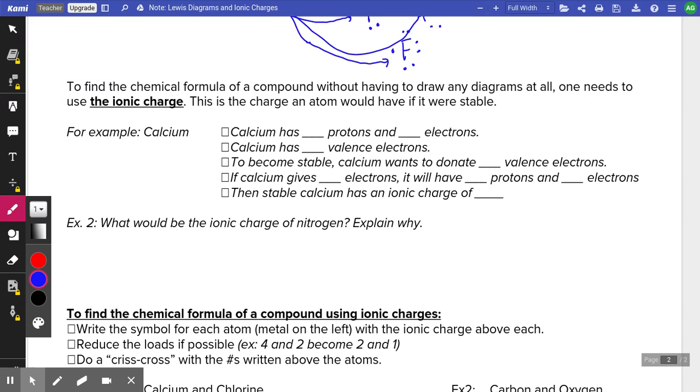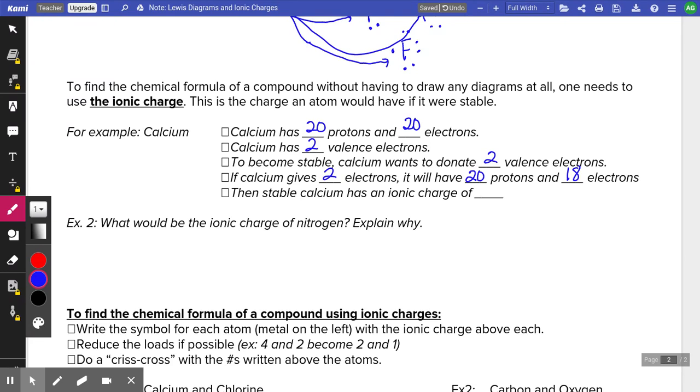Okay? So if we start with calcium, calcium has how many protons and electrons? Right. How many valence electrons? 2. To become stable, calcium wants to donate or give 2. If it gives 2 electrons, it will have how many protons and how many electrons?